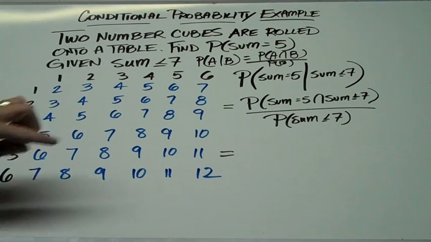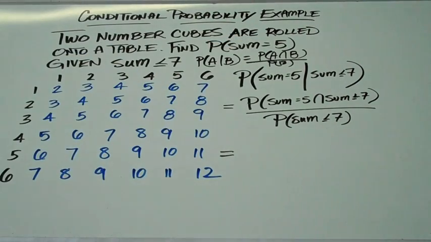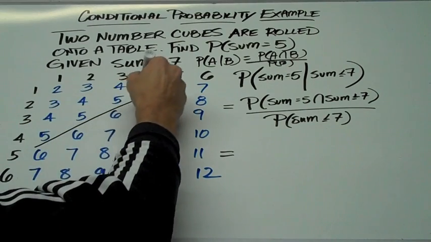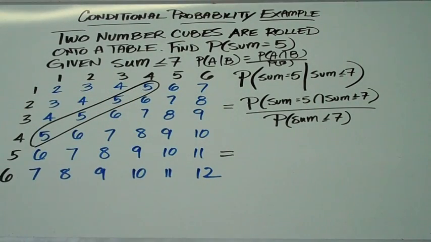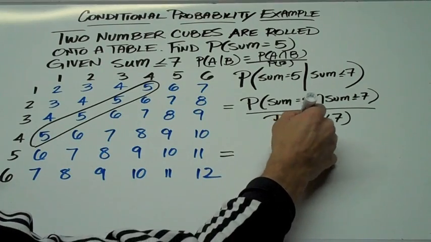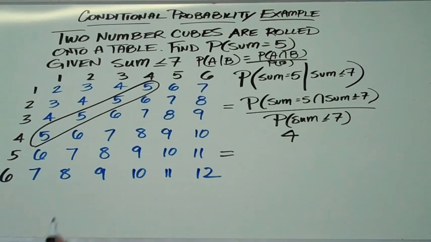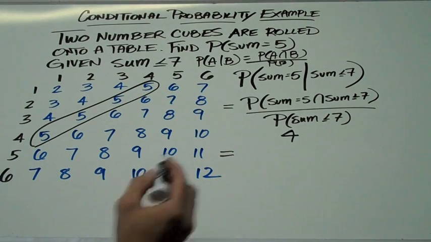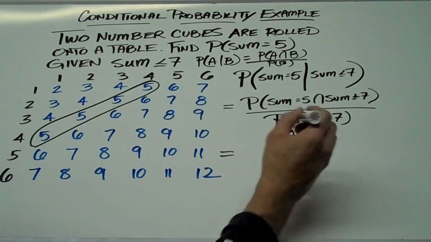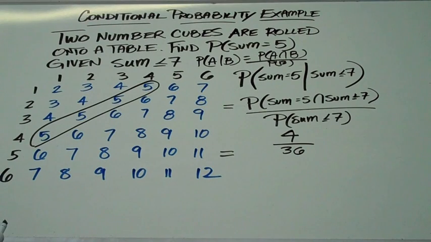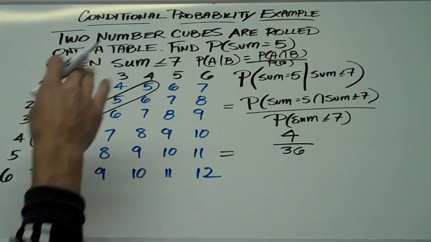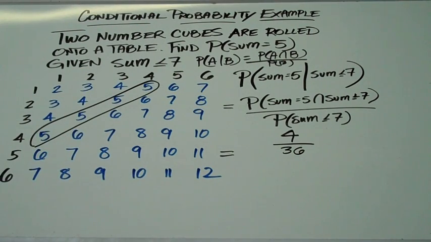So we have to find the probability the sum is equal to 5. Well, we have 1, 2, 3, 4 situations where the sum is equal to 5. Those are automatically less than or equal to 7. So 4 out of our 36 possibilities are equal to 5 and also less than or equal to 7.